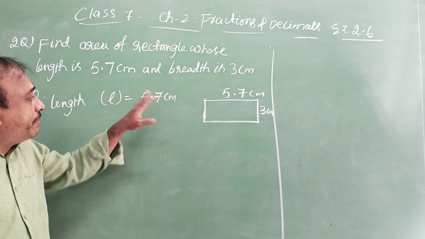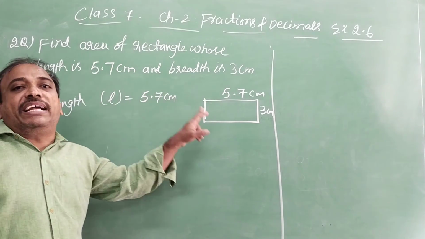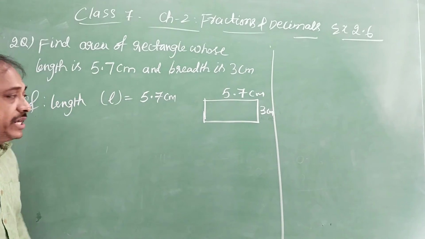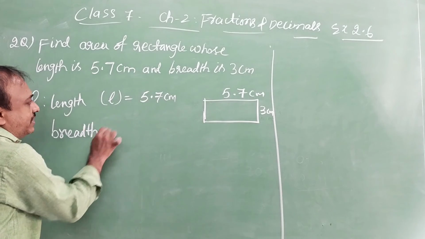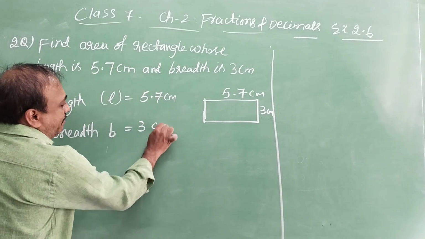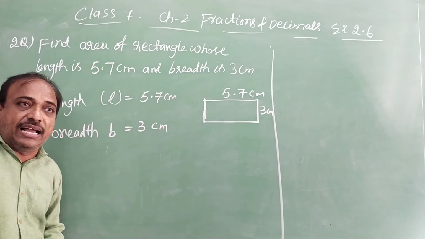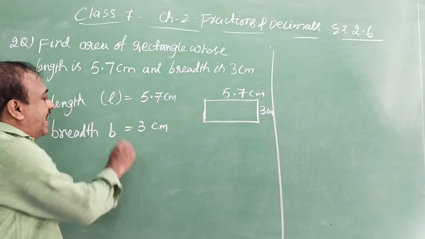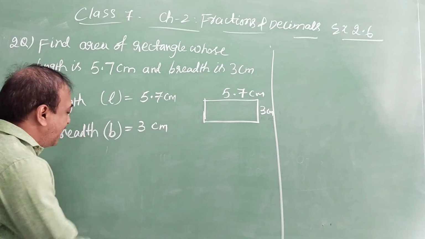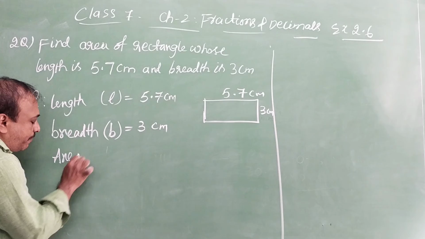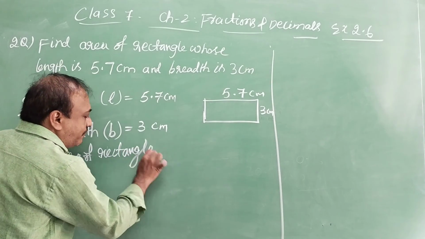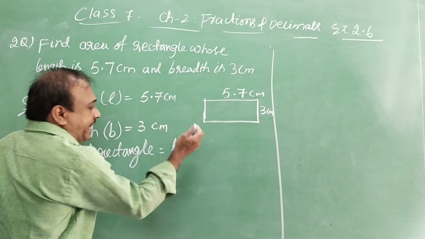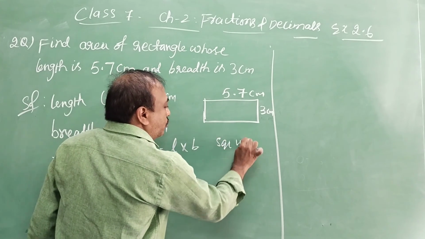Breadth of the rectangle, which is B, 3 centimeter. So breadth is given as 3 centimeter. Area of rectangle formula. Area of rectangle is equal to, what is the formula? L into B square units.